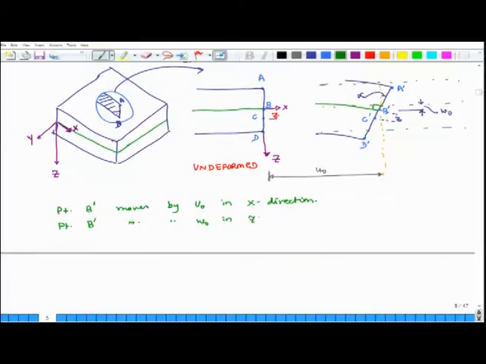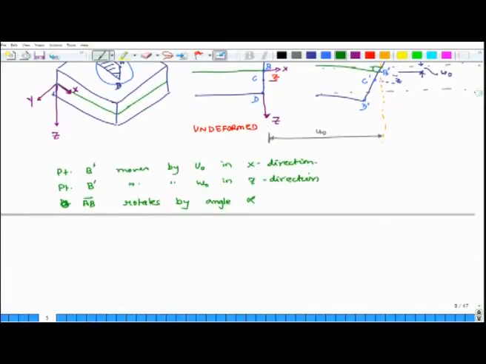And this line AB rotates by angle alpha. And it is rotating because the plate is bending.